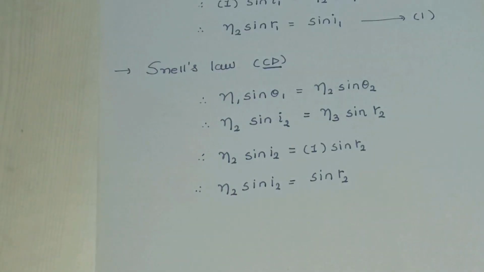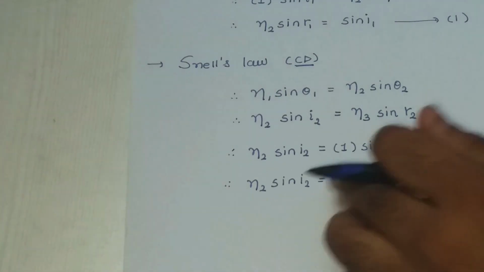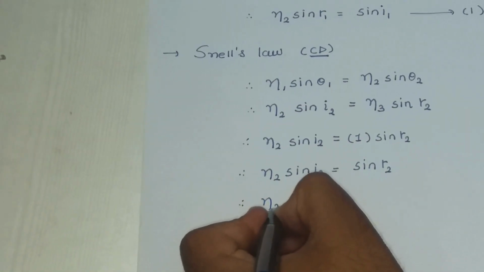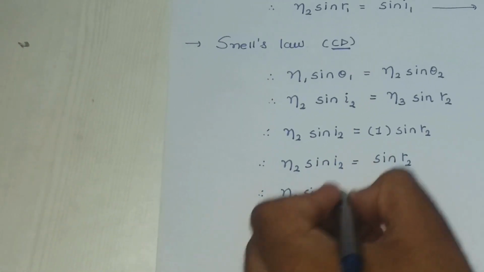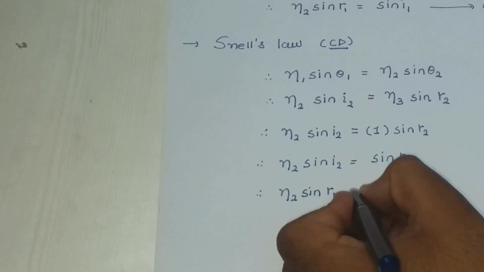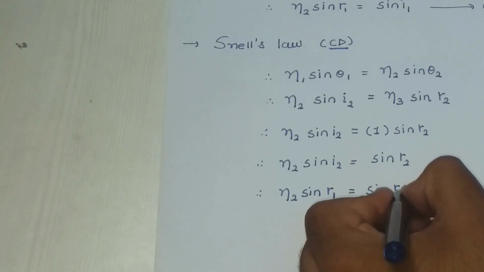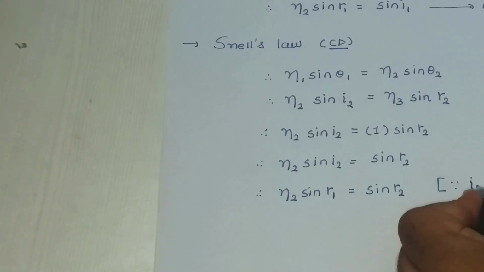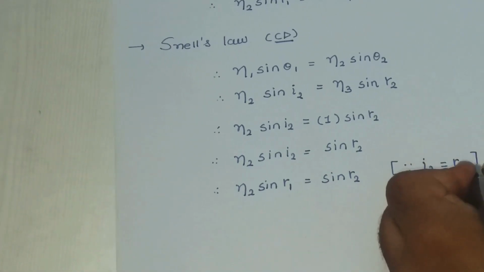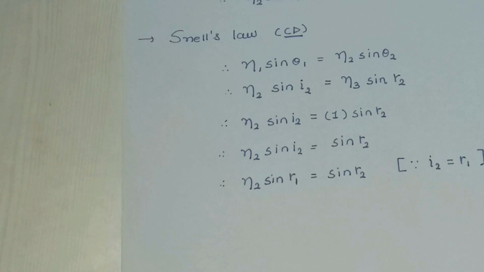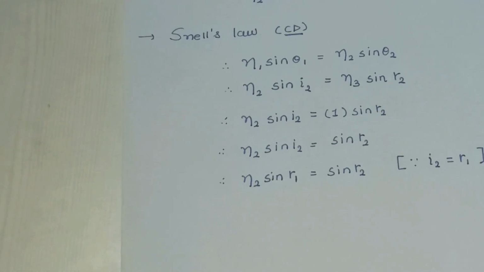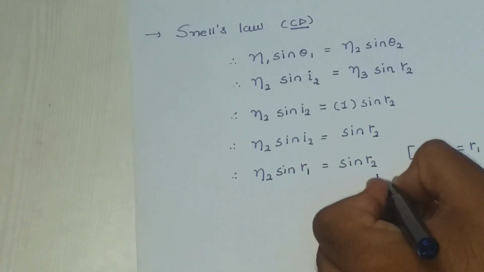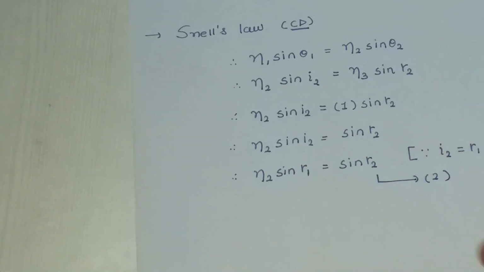So instead of I2, we can write R1, so eta 2 sin R1 is equal to sin R2. Why? Because I2 is equal to R1, as both angles are made in the same medium. So we get this equation number 2.